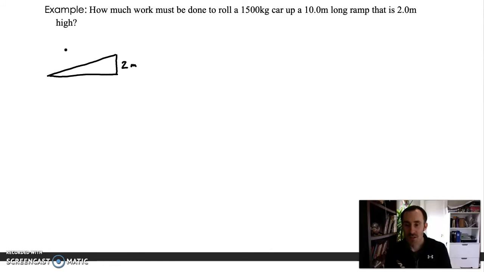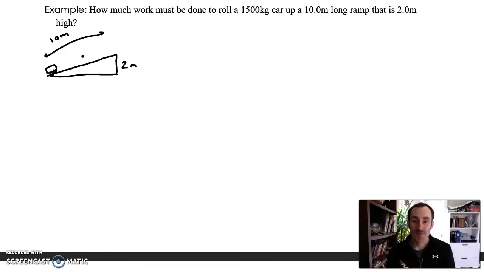This is 10 meters long. And so we're taking a car, which will be represented by this box with wheels, and we're pushing it up that ramp. Now we're assuming that it's starting at a height of 0 and it's moving to a height of 2 meters. So the fact that we're moving 10 meters in total, that actually doesn't matter.